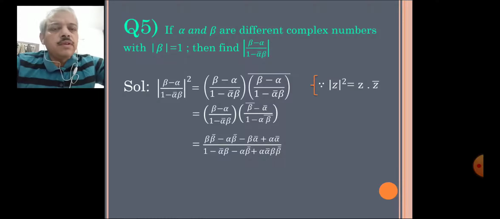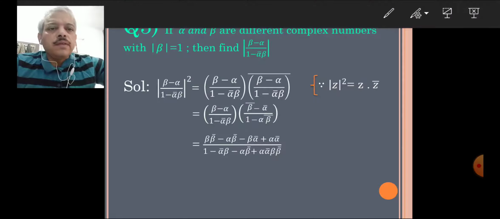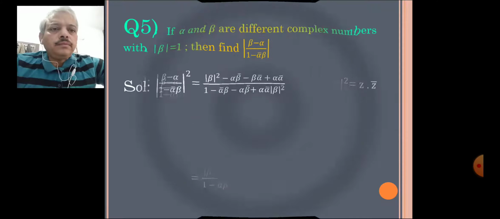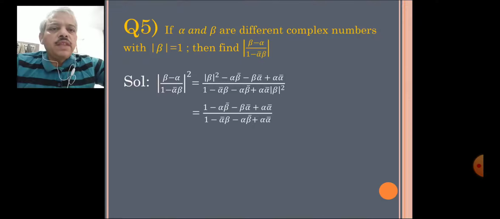Now it is given that |β| = 1. So β β̄ will be equal to 1, because |β|² = 1 and |β|² means β β̄. Writing ββ̄ = 1, we get the expression (1 − αβ̄ − βᾱ + αᾱ)/(1 − ᾱβ − αβ̄ + αᾱ), because |β| is 1.